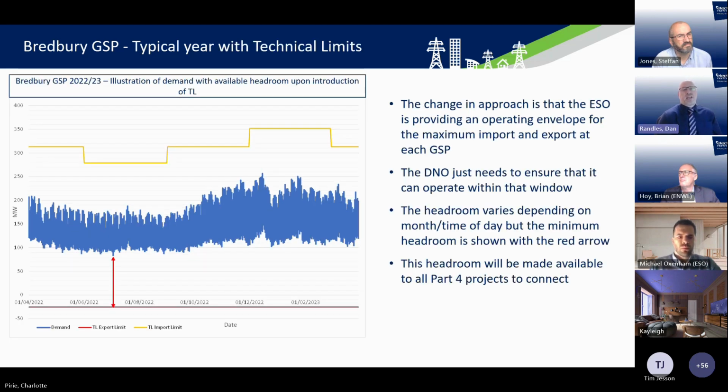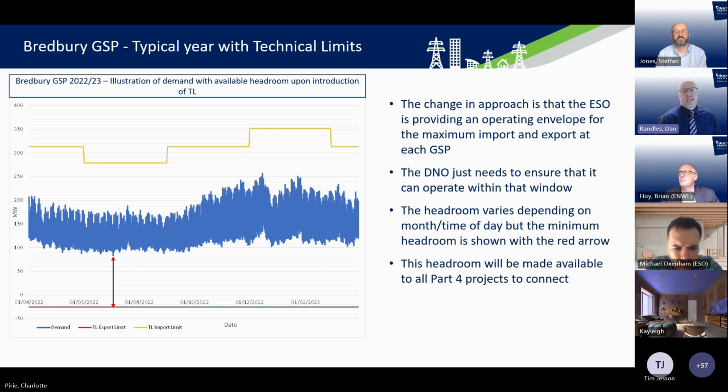So what we can see here now, we can superimpose upon that demand profile this concept of an operating envelope, these maximum and minimum power flows that are available at that particular GSP.